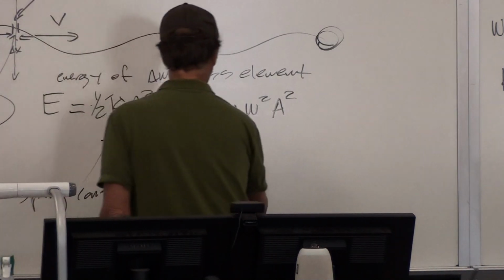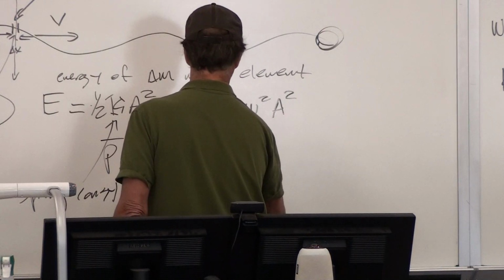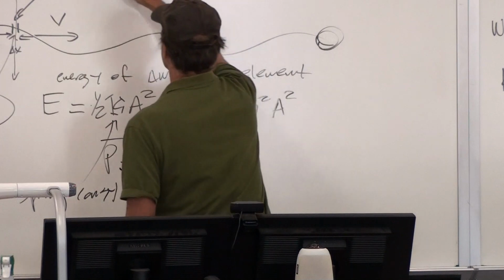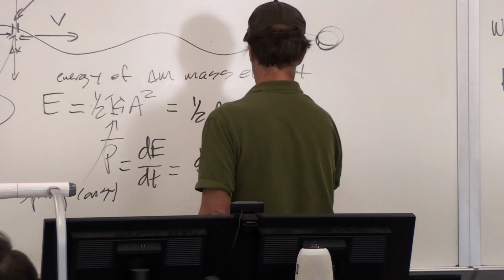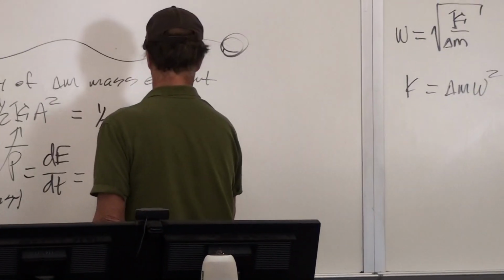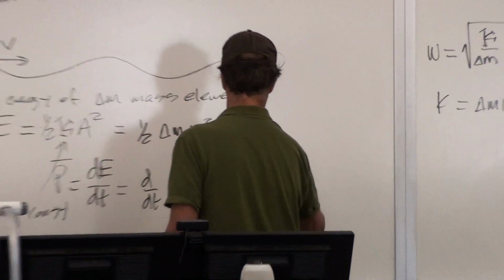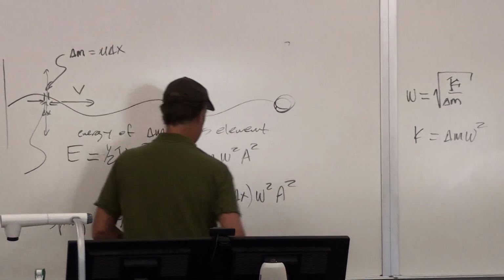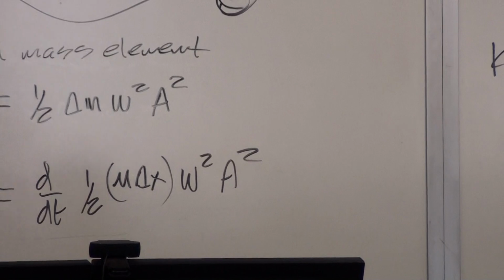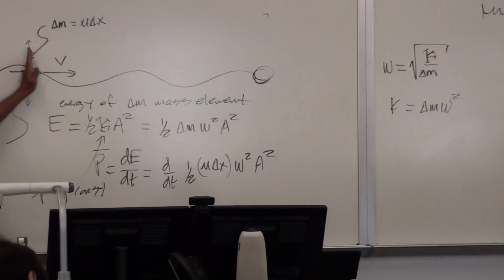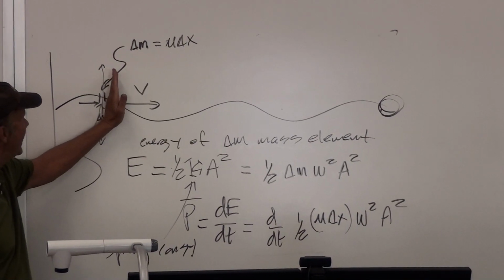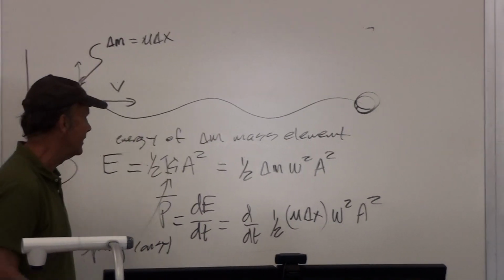And so that's going to be d by dt of 1/2. And then here, I'm going to write in for delta m mu delta x times omega squared a squared. So essentially then, the only thing that's changing in here is the delta x, because this delta x is moving to there as the energy is perpetuated along. Then that delta x moves to there, and then that delta x moves to there.